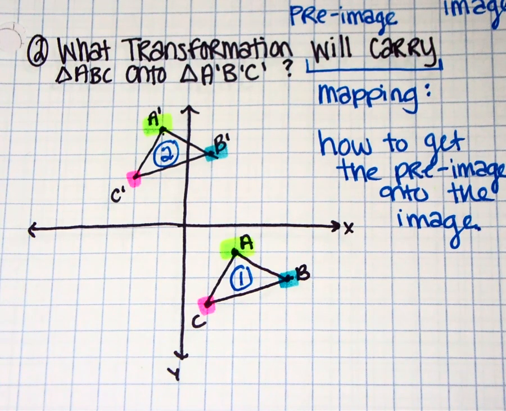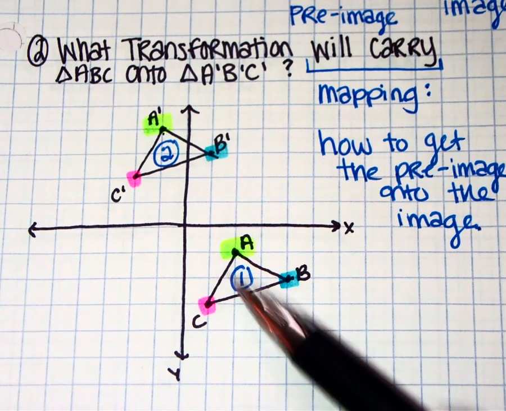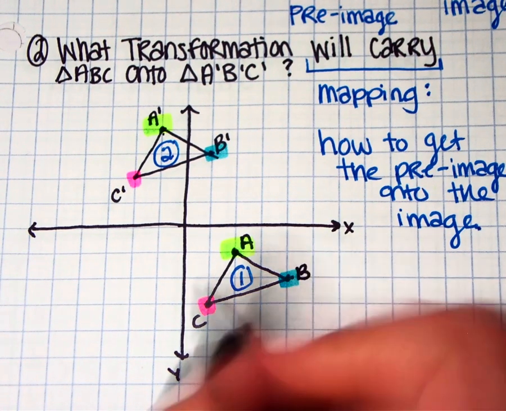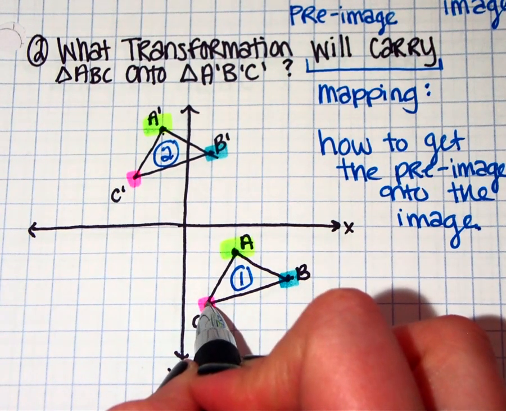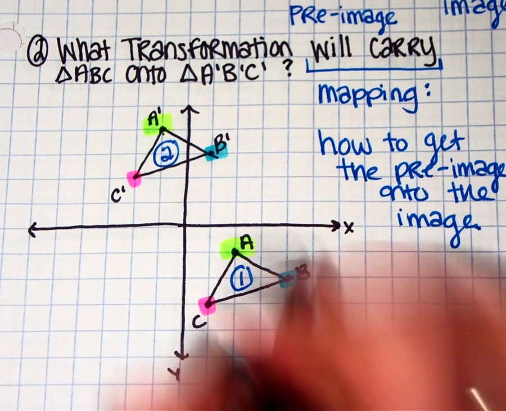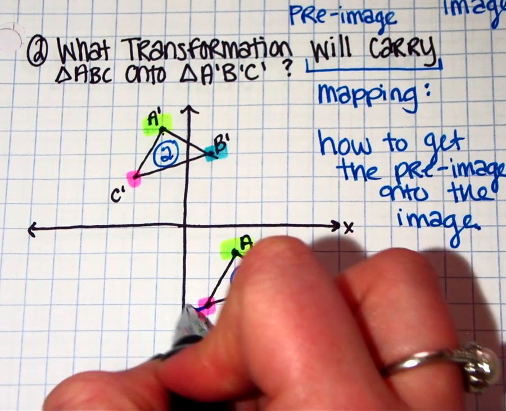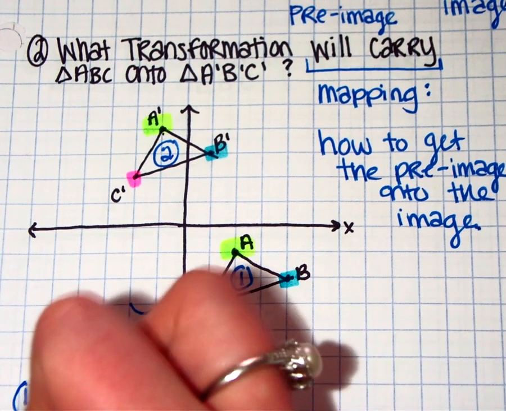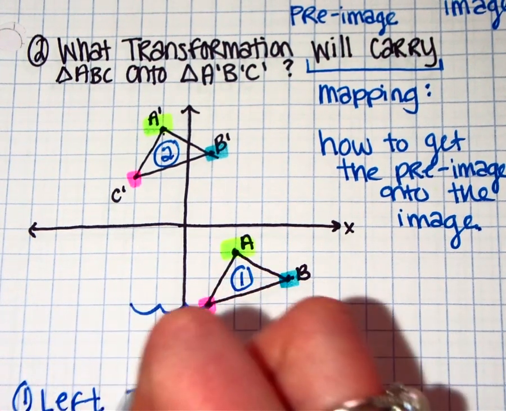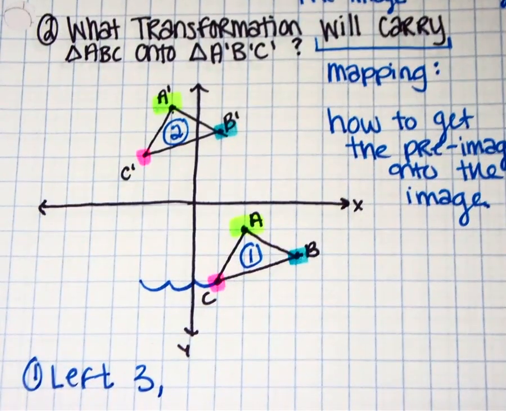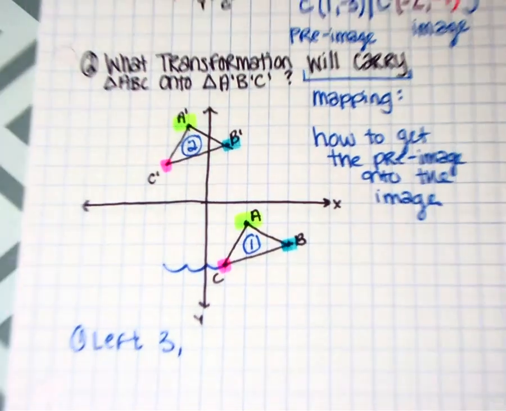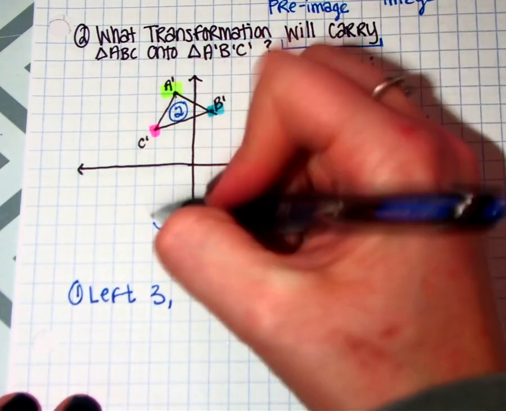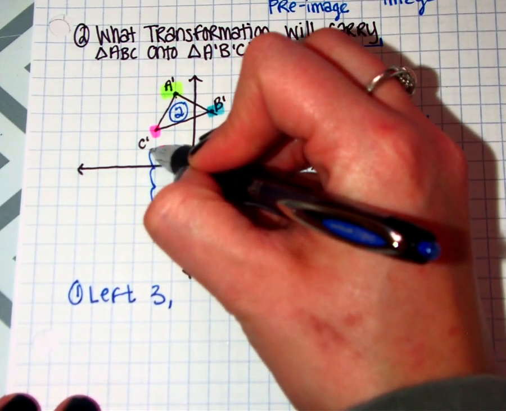So what we're going to do, it looks like my shape has just been slid up. So what we're going to do is just pick a point. I'm going to choose point C. So I want to figure out how to get from C to C prime. So let's see, I'm going to go left, 1, 2, 3. So one answer could be left 3. And then from 3, it looks like we're going to go ahead and go up. 1, 2, 3, 4, 5.